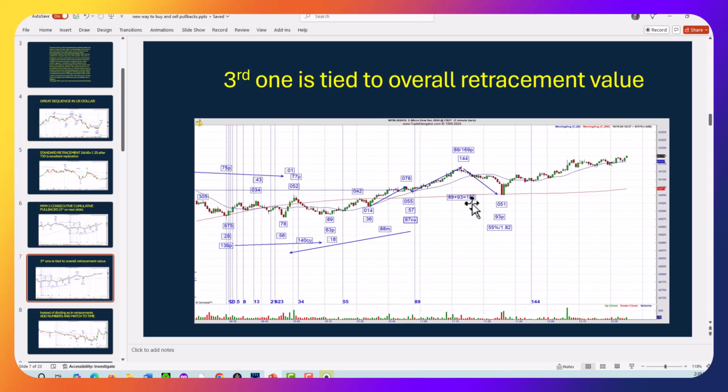Now, as it turns out, when we do the retracement, it's a 55% retracement, but the bigger leg in relation to the smaller leg is 1.82, which absolutely 100% matches the cumulative total from this point to this point to this point. After you already had this 87 business, after you already had this 140 business.